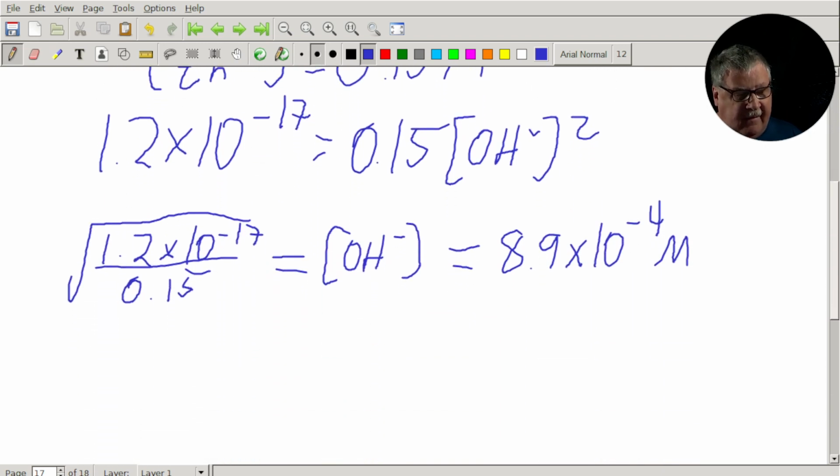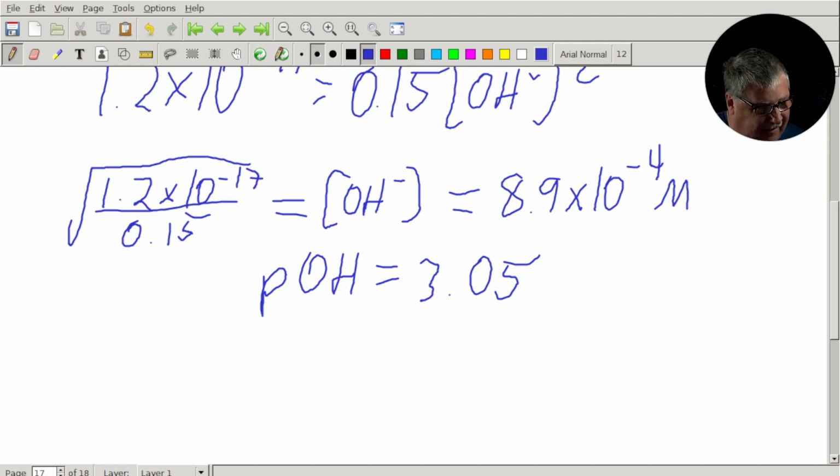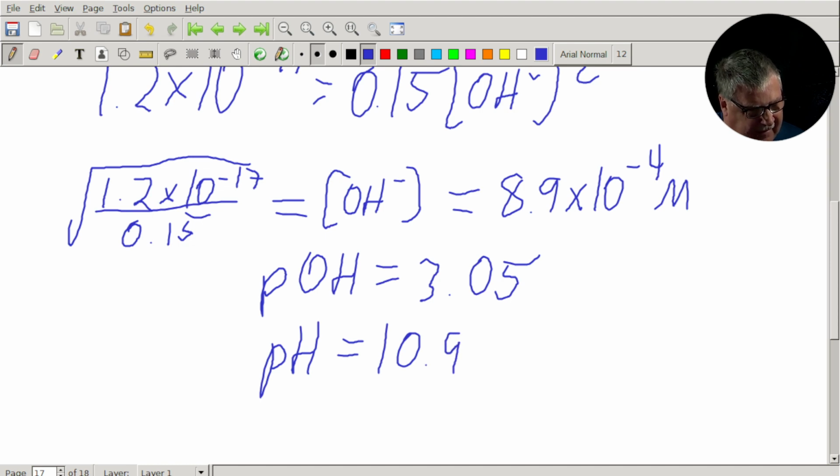What's the pH of that solution? So from this directly, we can say, what pOH are we looking at? So the pOH would be 3.05, right? And then, as you say, the solution pH would be 10.95 because we're going to subtract that from 14.